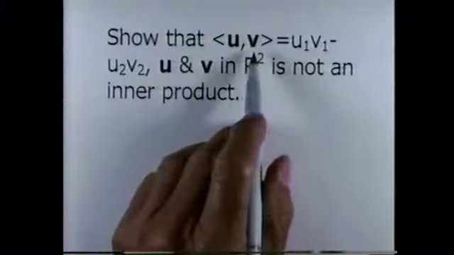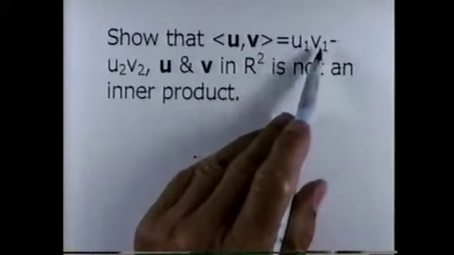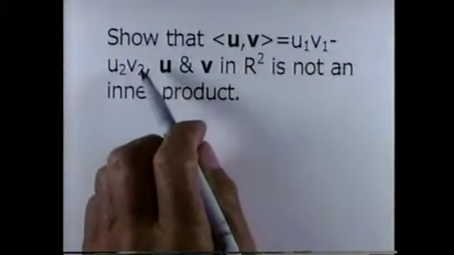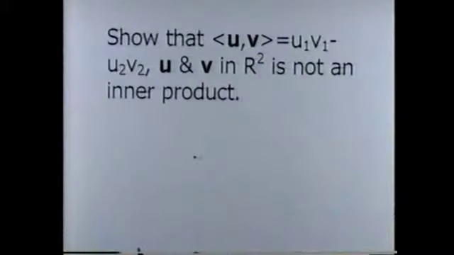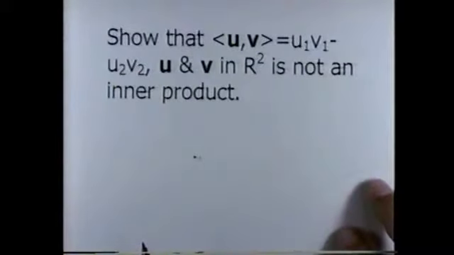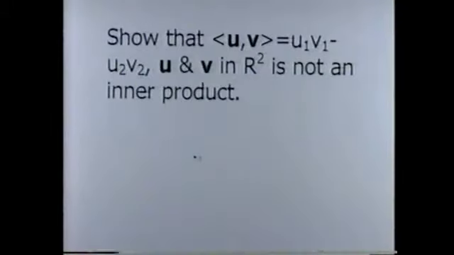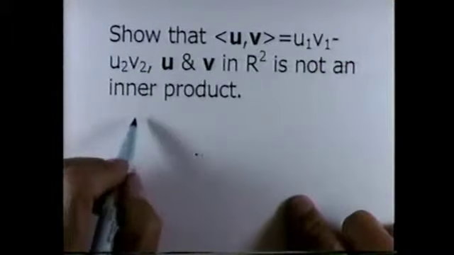Let's show that the inner product of u and v, which is equal to u1v1 minus u2v2, where u and v are in R2, is not an inner product. Well, all we have to do is to find one of the properties that fails to be true. So let's go for property 4.